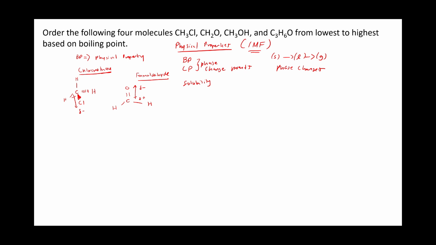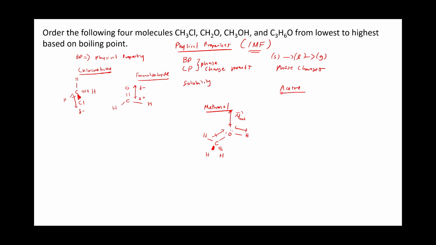So it looks like that. We also looked at methanol. Methanol essentially looks like that, and we found that it had two dipole moments, so the net dipole moment was going this way. This was also polar. So all four of these molecules we actually found were polar.